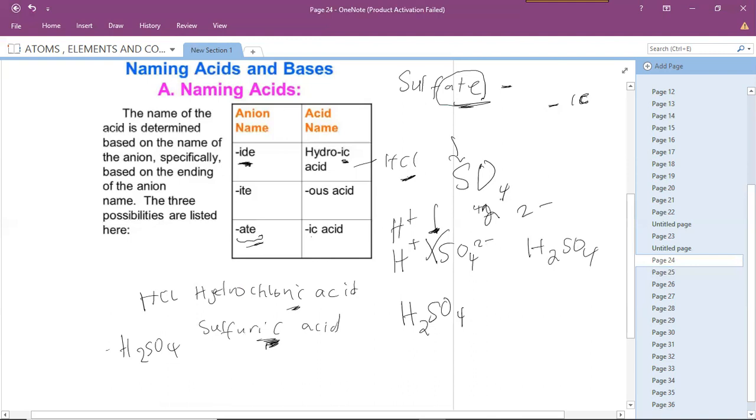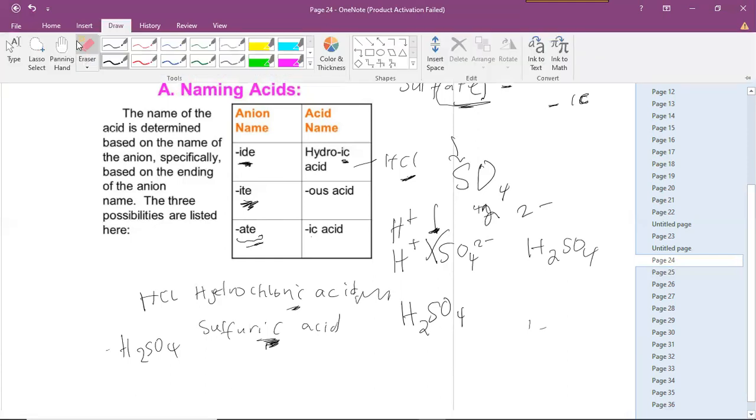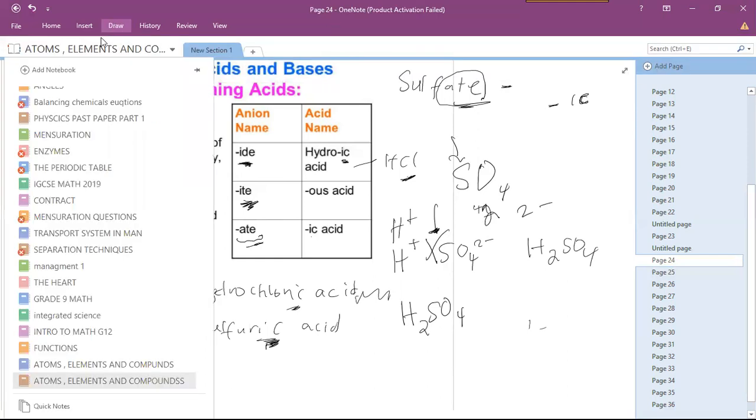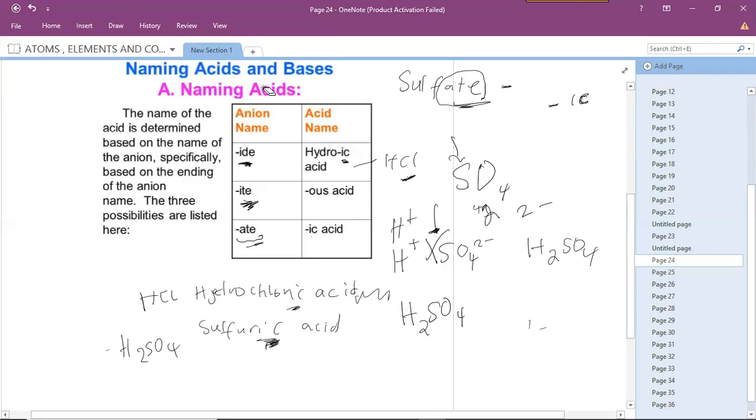What of a scenario where the anion ends with ITE? What example can we give of an anion ending with ITE?